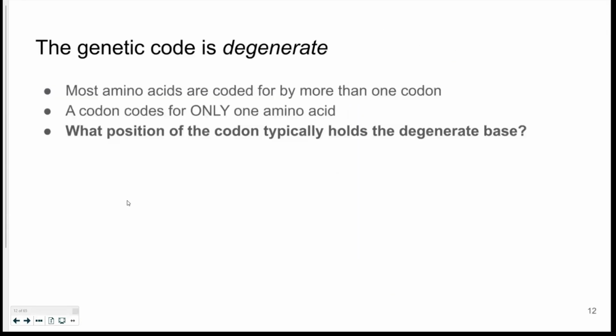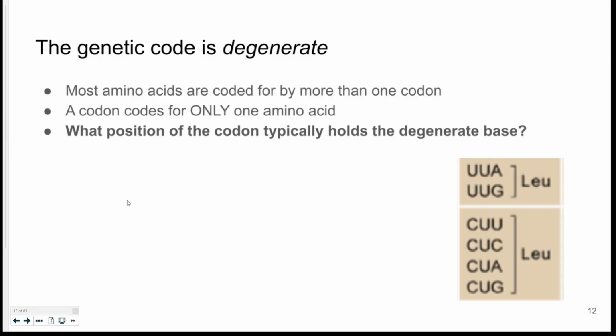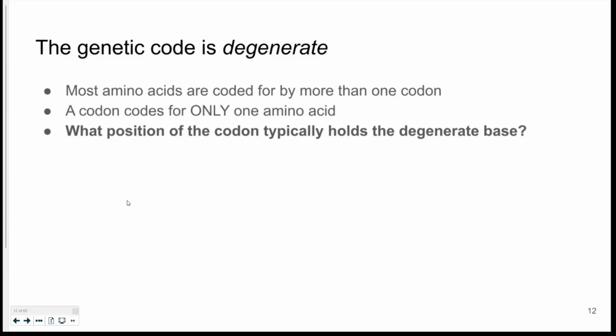So as we saw, the genetic code is degenerate. Most amino acids are coded for by more than one codon. So we saw leucine has 6 codons, but they are going to call for 1 amino acid. But a codon codes for only 1 amino acid.